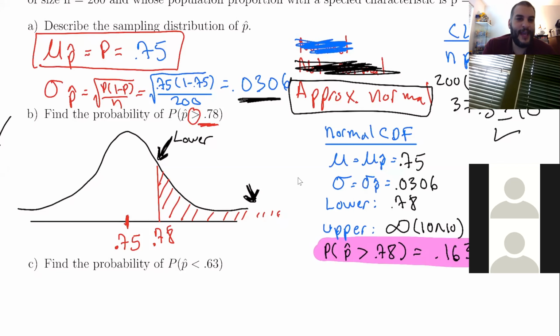So if we have a sample of 200, the probability that of those 200, we get 0.78 or higher, the likelihood of that occurring is 16.34%. And that's it for that problem.